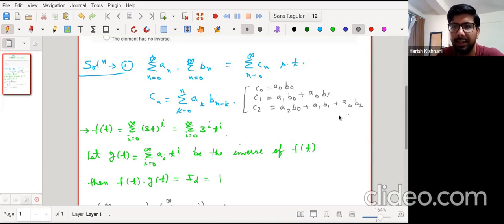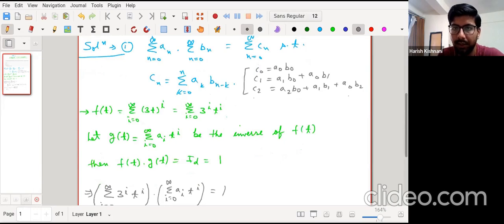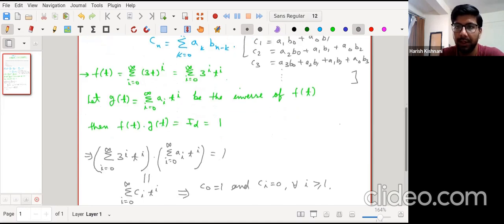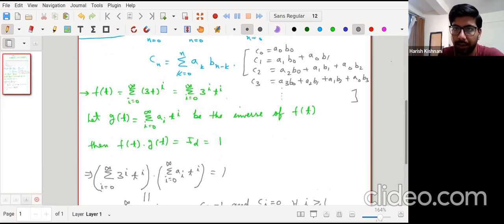Just see these indices: their sum should be equal to the index of c. Okay. And similarly, your c_3 is going to be a_3 b_0 plus a_2 b_1 plus a_1 b_2 plus a_0 b_3, and so on. You can get the other indices. Okay. So your c_1 is a_1 b_0 plus a_0 b_1.